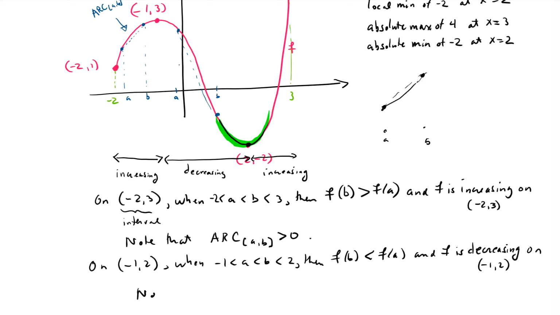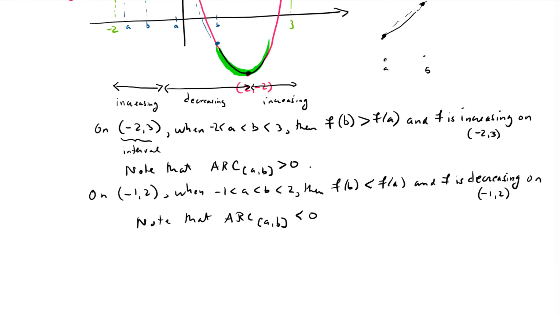Note that in this case the average rate of change is going to be negative. And I don't know if it's obvious, but the average rate of change is still f of b minus f of a over b minus a.